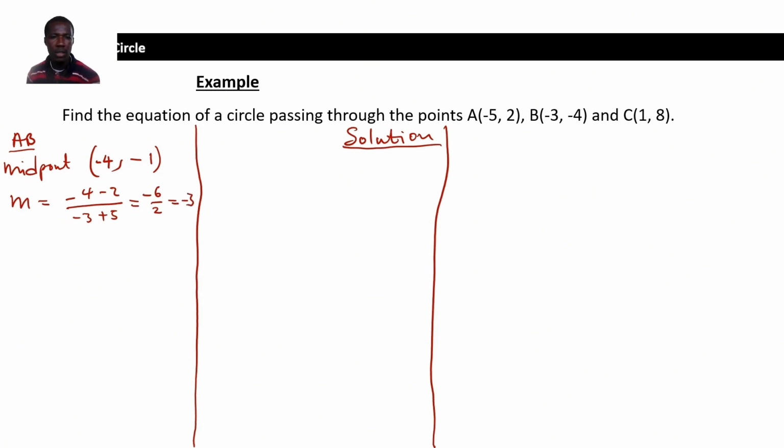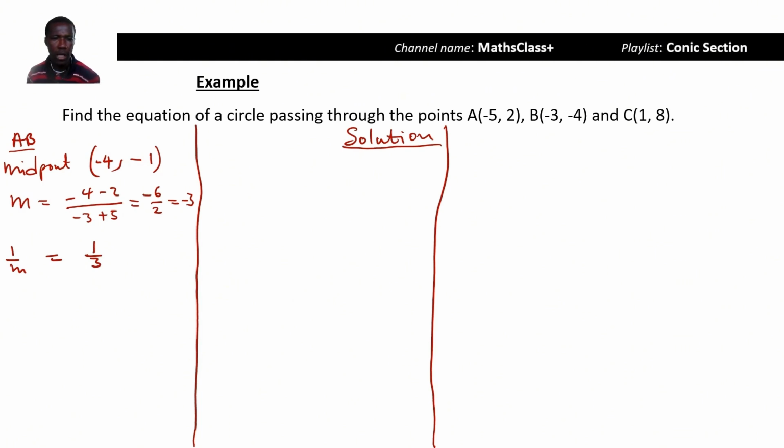So the gradient of the line joining the points A and B is -3. And the gradient of a line perpendicular to line AB will be 1 over m, negative inverse, which in this case will become +1/3. The perpendicular bisector will pass through the midpoint and has the gradient 1/3.